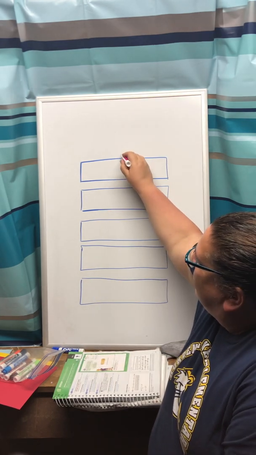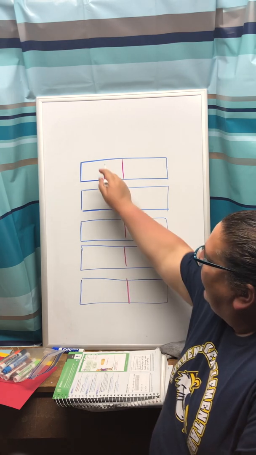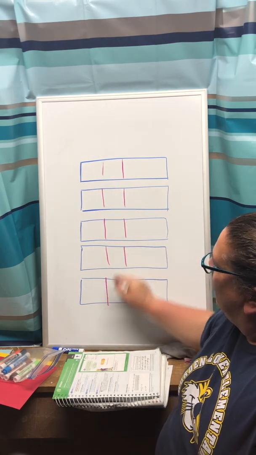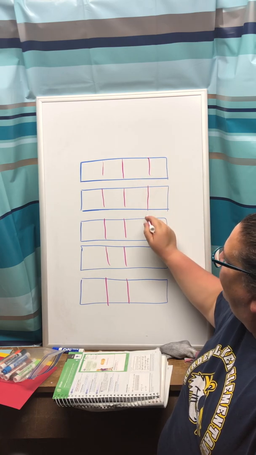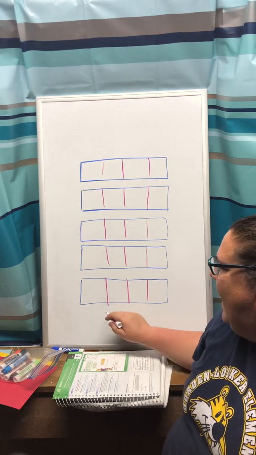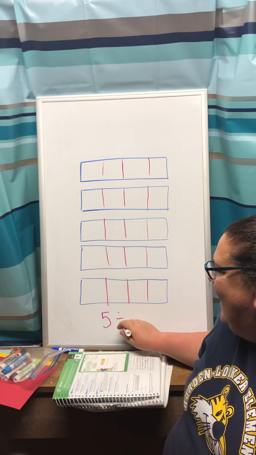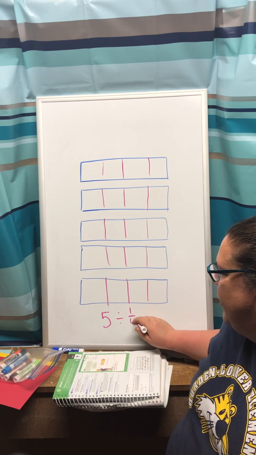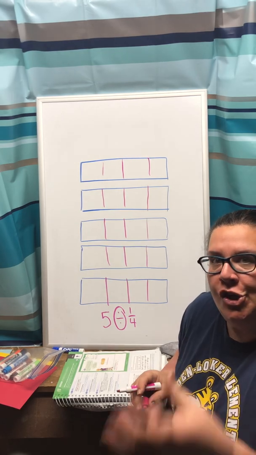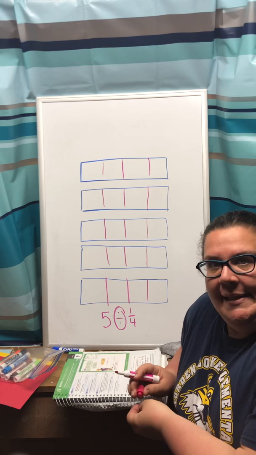So if I do this as a visual, and I cut each of the wraps into 4 pieces, what we're doing is we're taking the 5 wholes and we're dividing them into quarters. So when we see the divided, we can also think about it as into. So I'm saying 5 into quarter pieces.